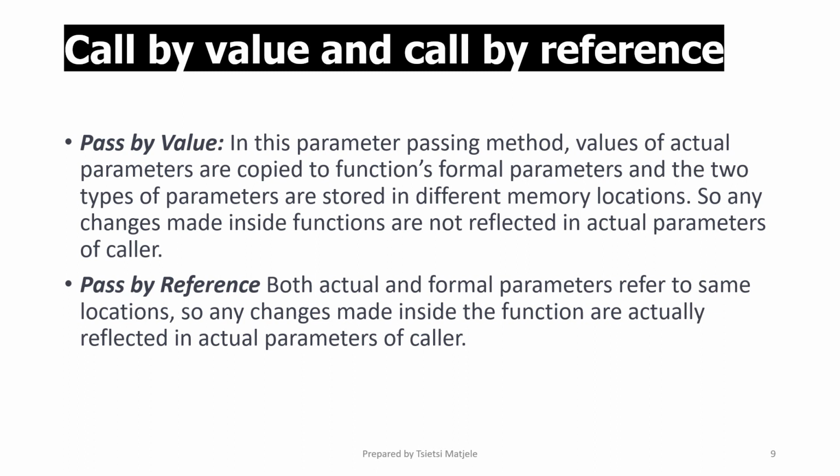When we pass by value, in this parameter passing method, values of the actual parameters are copied to the function's formal parameters. Just get this right. When you pass by value, it means that values of the actual parameters, remember we talked about the actual parameters, 5 and 6, are copied to the function's formal parameters, x and y, and the two types of parameters are stored in different memory locations.